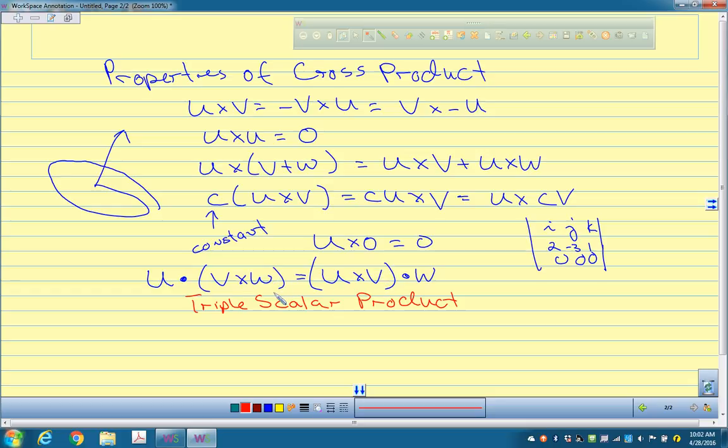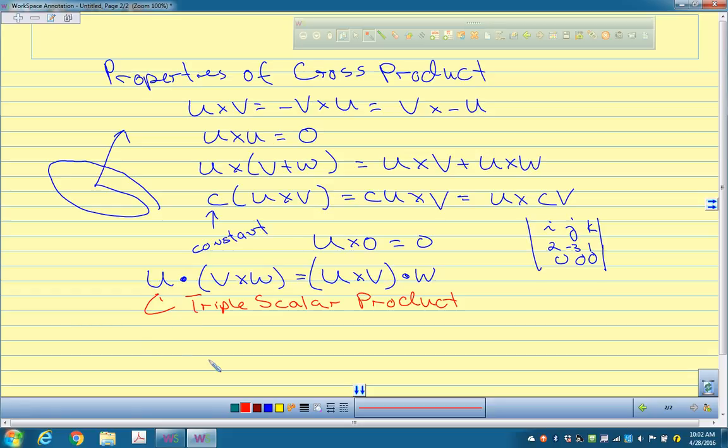It has to go in the proper order. This is called the triple scalar product because what kind of number would I get? Would I get a number or a vector? I would get a number, because the cross product returns a vector, and a vector dotted with a vector gives you a number.